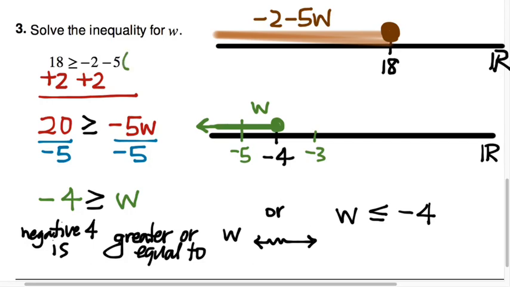So again, blot out that w, empty parentheses, put in a -5, and then do the arithmetic. -5 times -5 is going to give me +25, and -2 plus 25 is going to give me 23. Is it true that 18 is greater than or equal to 23? Uh-oh, it's not true. So something has gone wrong in our process. So just to note it down here, this -5 is not, in fact, a solution.